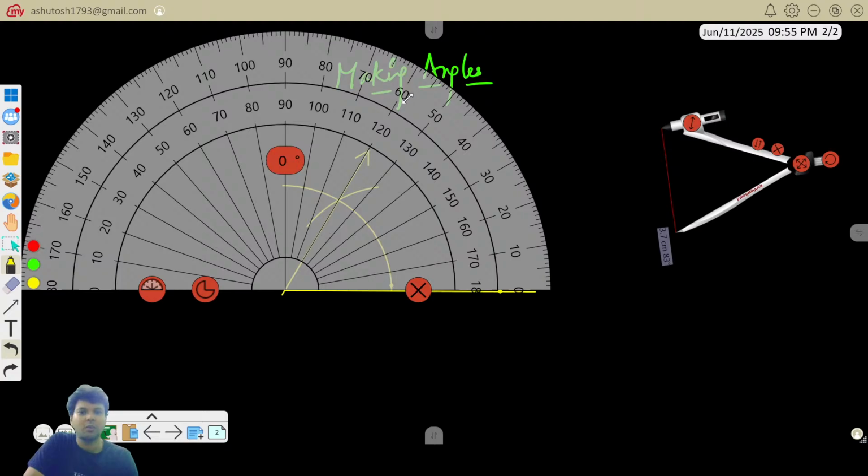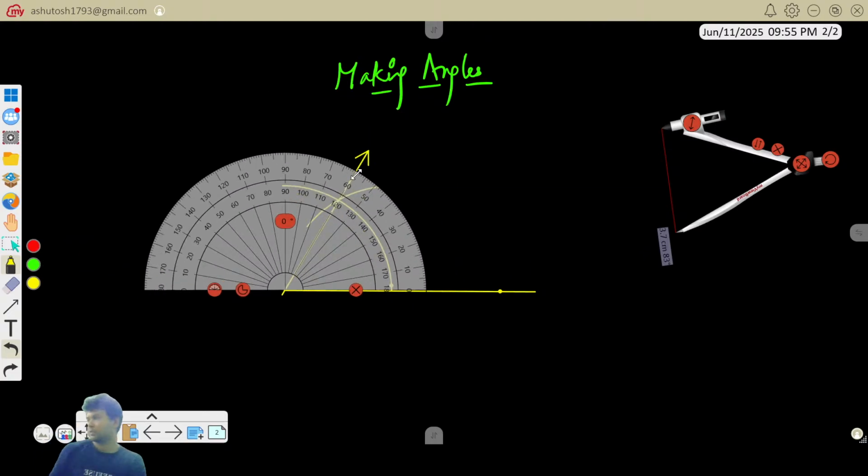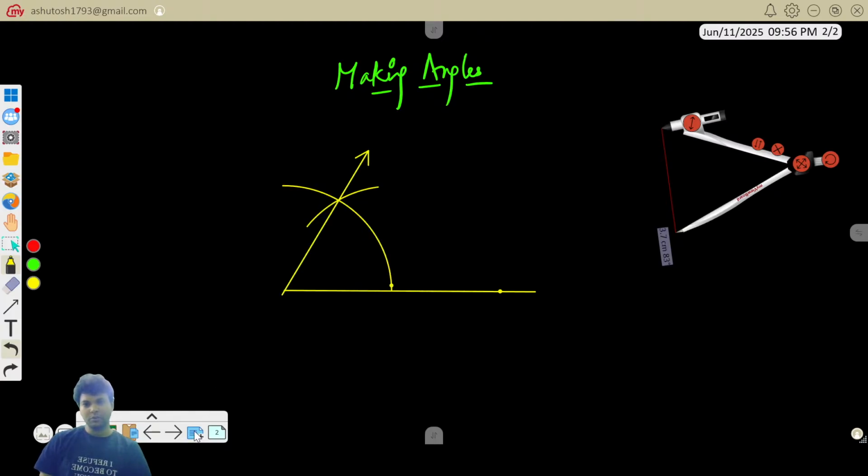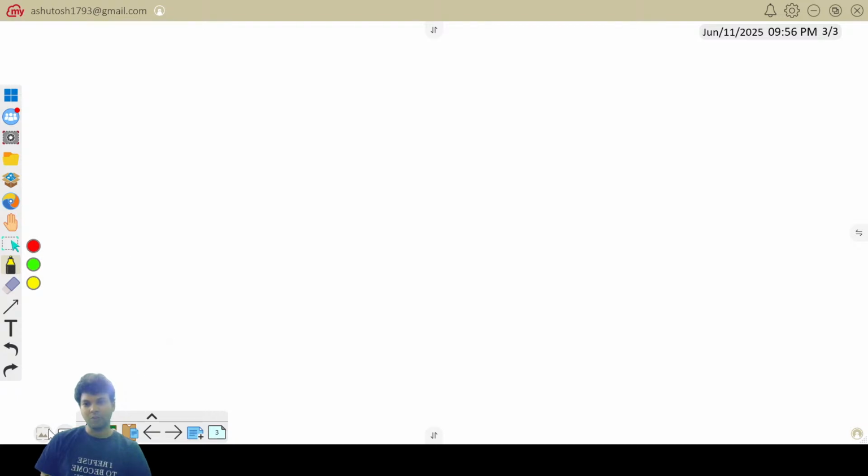So this is what the 60-degree angle will look like. So now I think you all might have understood how the angle is made. Just like we have made 60 degrees, can you make 15 degrees also? See why this 60-degree angle is actually made. We'll go into a bit of detail of how this all happens.